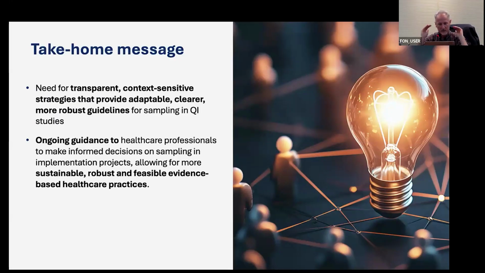So my take-home message on sampling is this. We need transparent, context-sensitive strategies. We should not assume one method is better than another. It's not a hierarchy. It's a continuum. So on a continuum, we select the most context-relevant strategy. It might not be randomization.